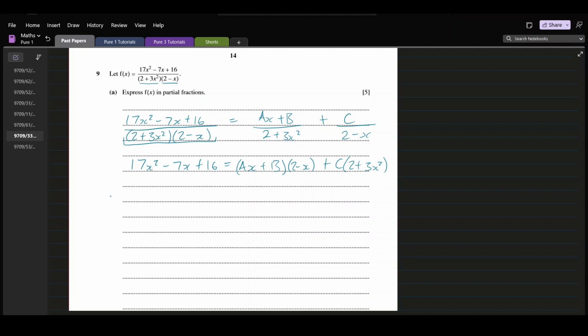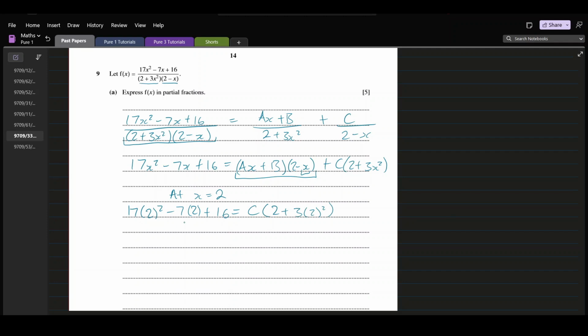Okay, so now to evaluate c, we can substitute x with 2. So that becomes 17 times 2² minus 7 times 2 plus 16. x equals 2 gets rid of this bracket, which eliminates this whole thing. So that's c times (2 + 3 times 2²).